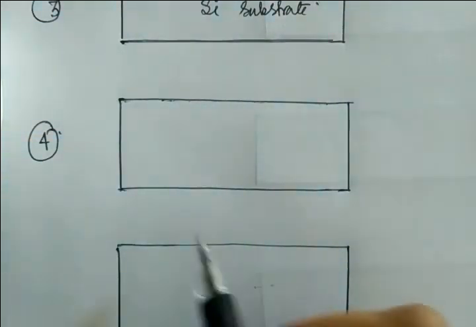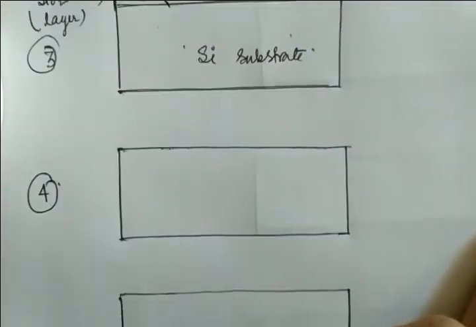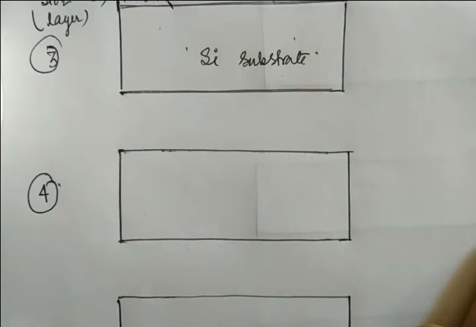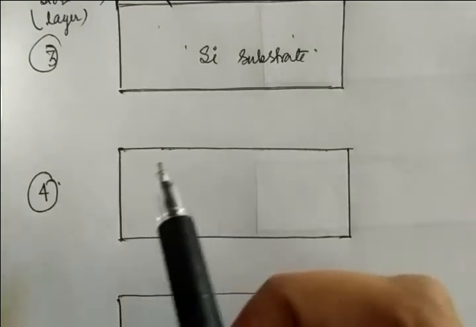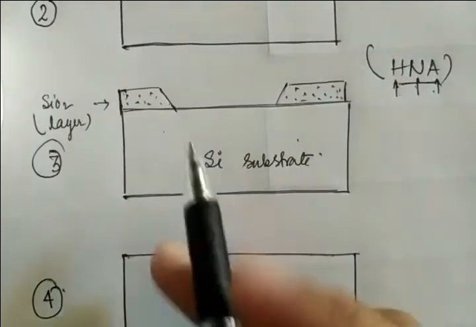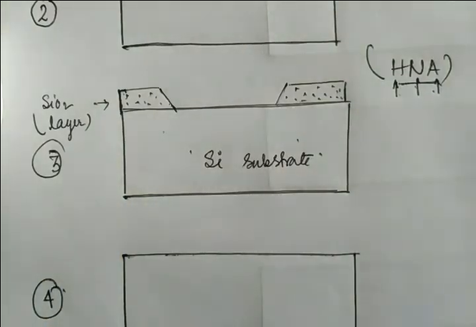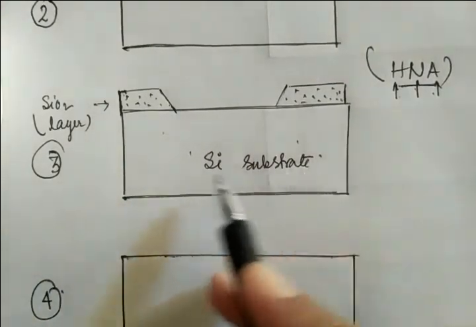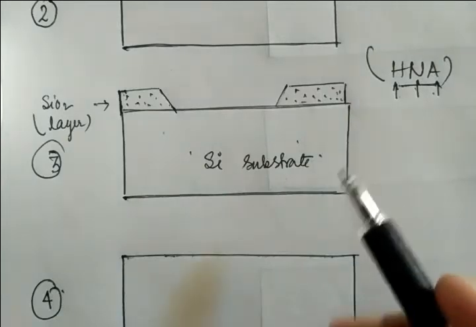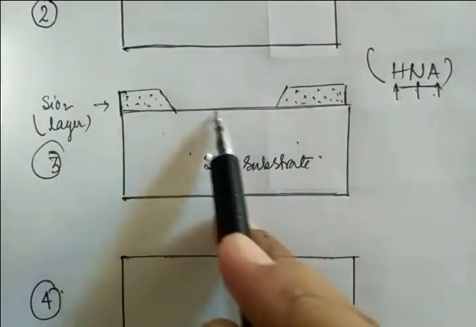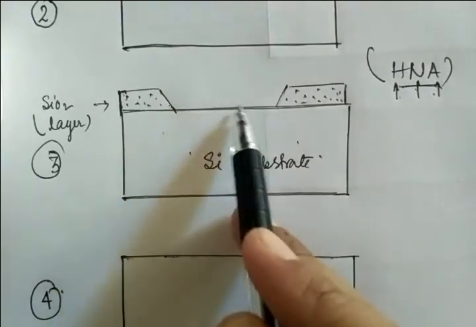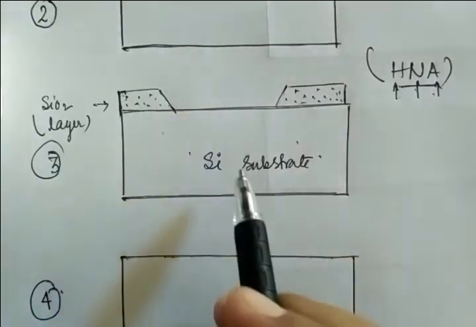So coming to the fourth portion, the fourth diagram. We have already segregated this portion. This is source, gate, and drain. But after that, we have to make the polysilicon layer and the metal deposition. So what is the process of that? This total surface will be covered with a thin, high quality oxide layer, because we have to connect the gate terminal to the substrate.